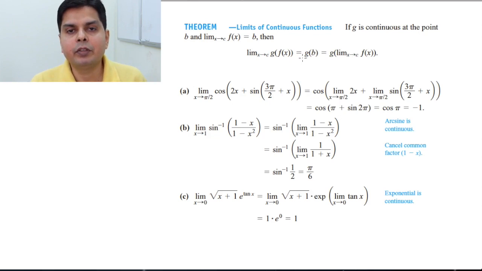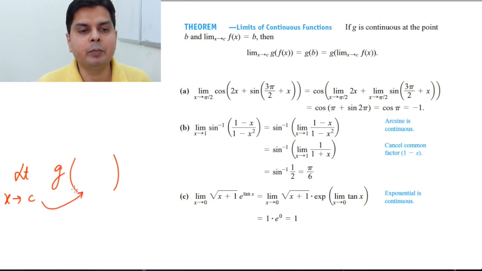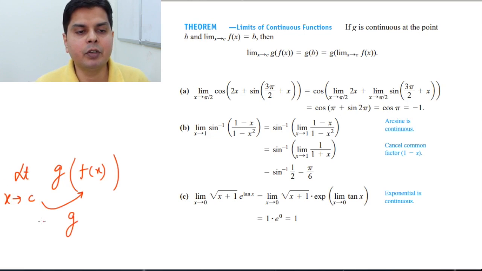In effect, what this theorem says is, if g is a continuous function and you have to find the limit of g at any point x tending to c, and you have something inside the bracket, then you can take this limit inside the bracket because g is continuous there. So I will just take this limit operation inside the bracket and I will have g of limit x tends to c f(x).